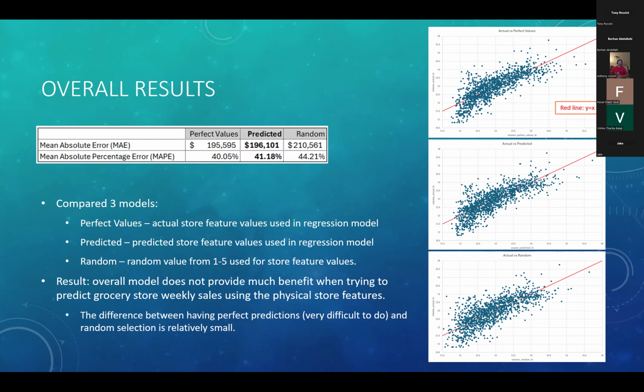And actually, it's probably worse that going from perfect values to random values was only a 4% difference. So what that tells us is that the regression model doesn't provide much benefit when trying to predict these grocery store weekly sales numbers, especially when trying to do that using the store features.